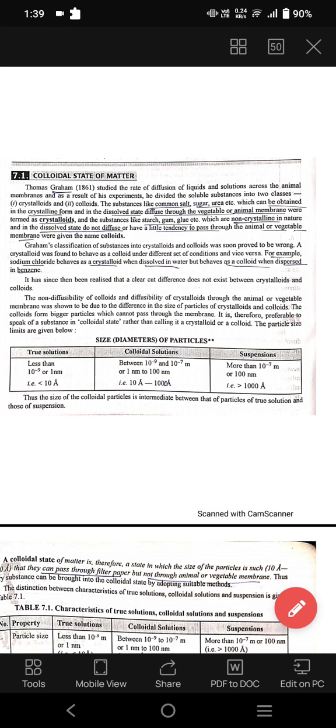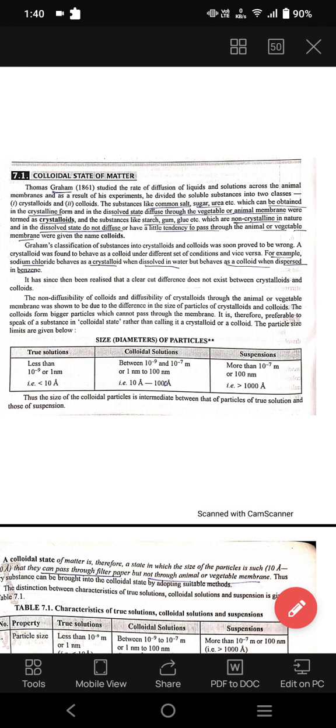The substances like common salt, sugar, urea, etc., which can be obtained in the crystalline form and in the dissolved state diffused through the vegetable or animal membrane, were termed as crystalloids, and the substances like starch, gum, glue, etc., which are non crystalline in nature and in the dissolved state do not diffuse or have a little tendency to pass through the animal or vegetable membrane, were given the name colloids.